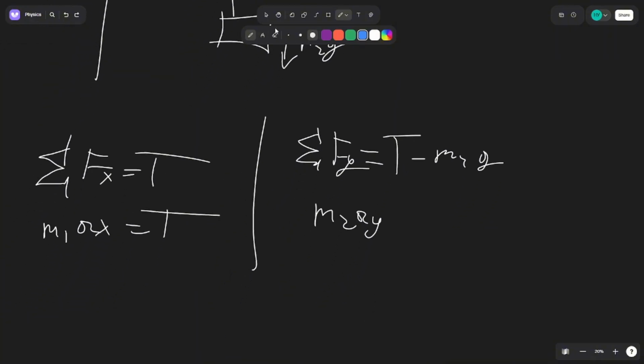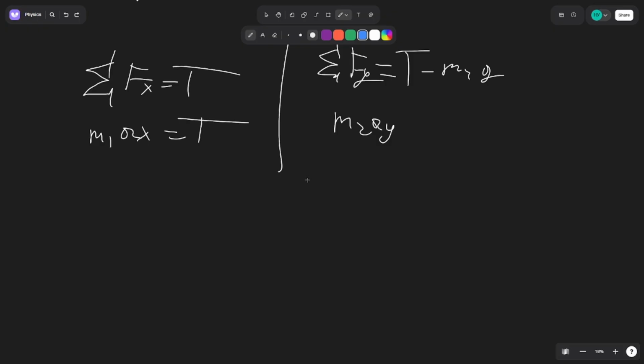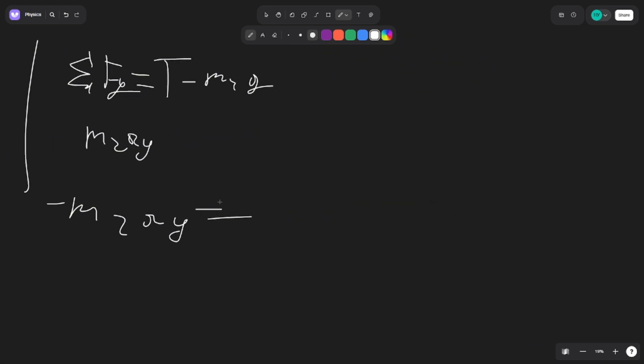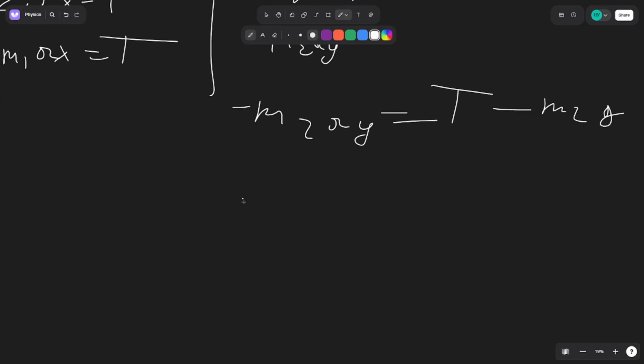And negative m2ay is equal to tension minus m2g. So m2g minus m2ay equals tension.